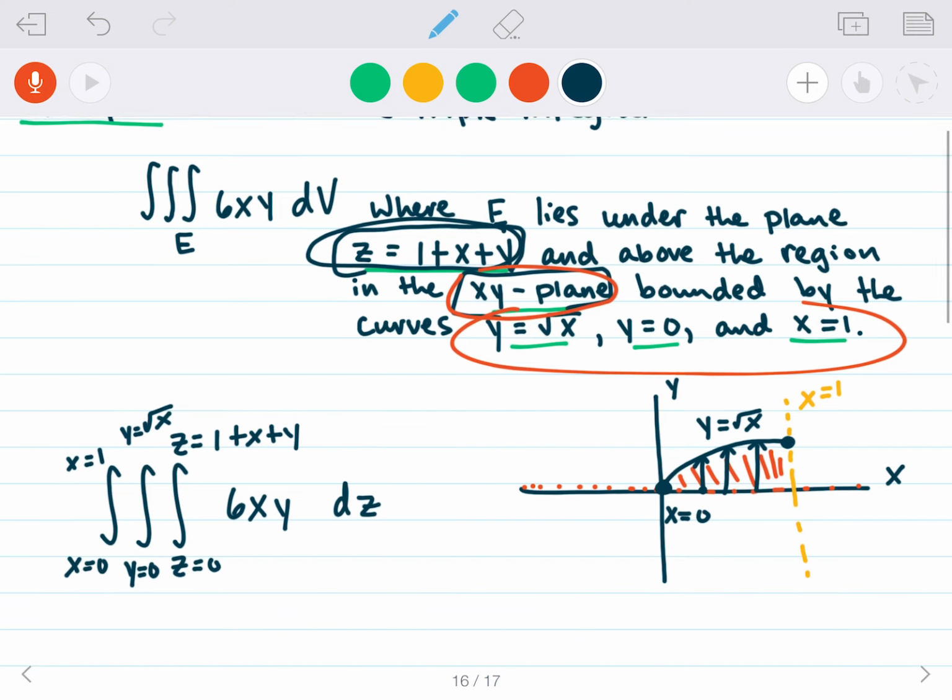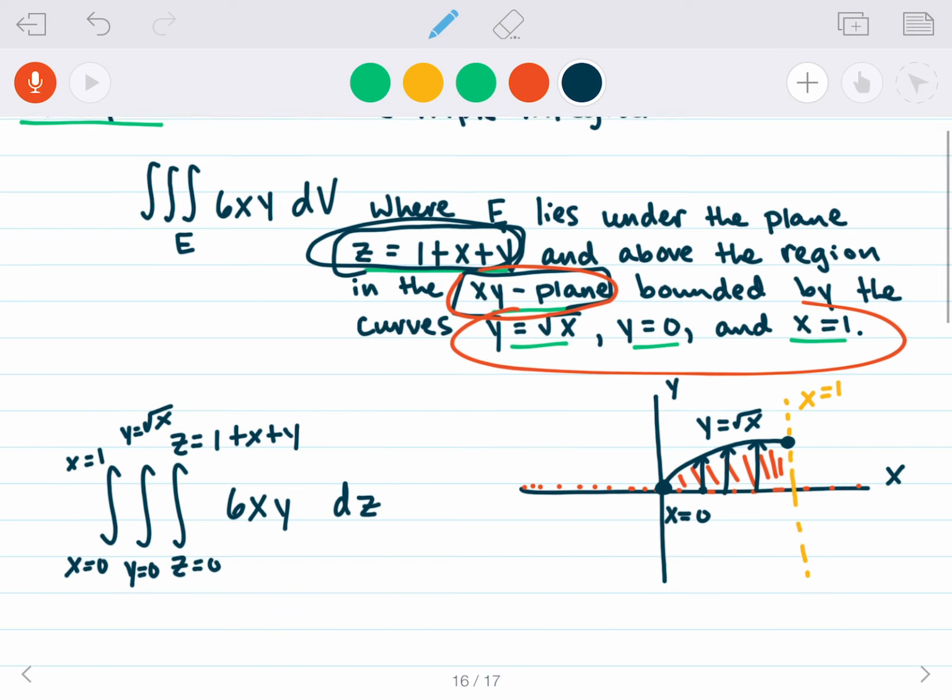So we're going dz, dy, dx. Okay, so with respect to z first, this is just one big constant because there's no z involved. So when I integrate it with respect to z, it's going to be 6xyz, and we're going from z equals 0 to z equals 1 plus x plus y.